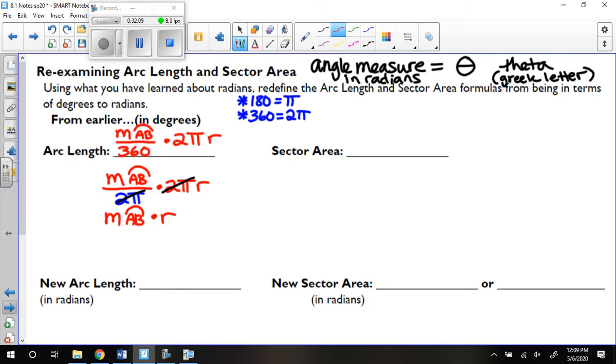So we've got theta times r. Our new arc length is going to be S equals r theta. S stands for arc length. R stands for radius. And theta is our angle in radians.